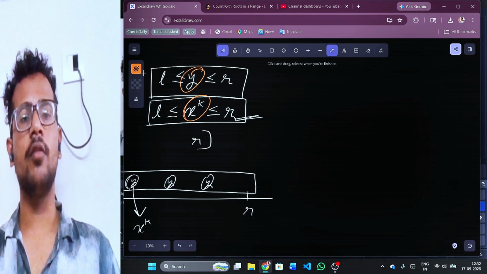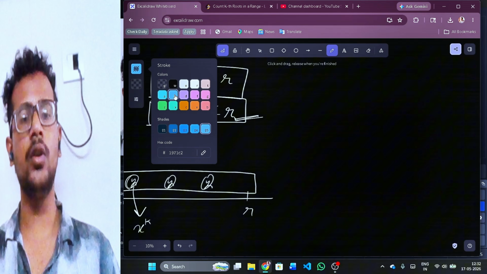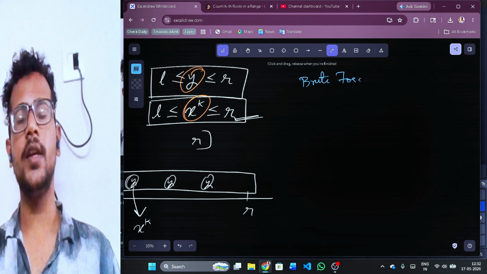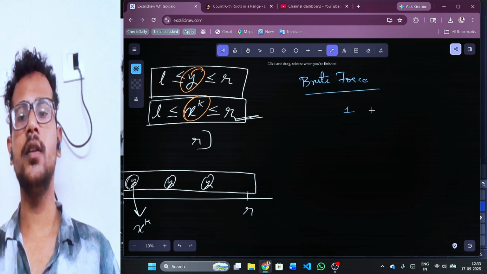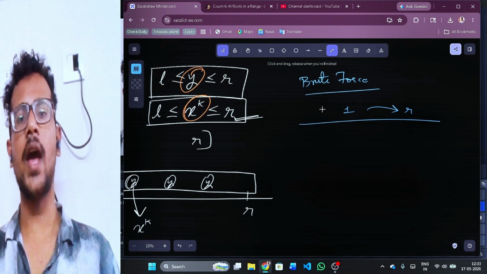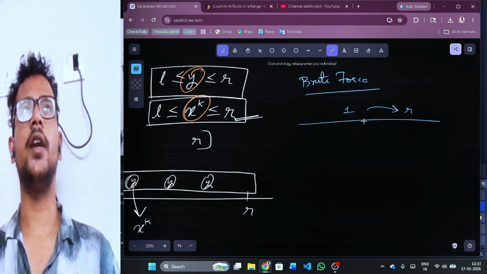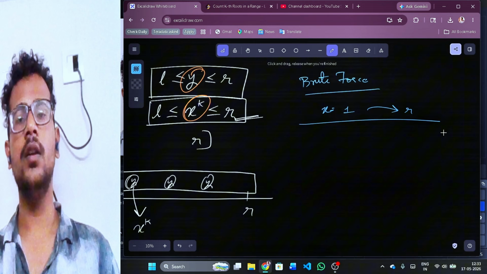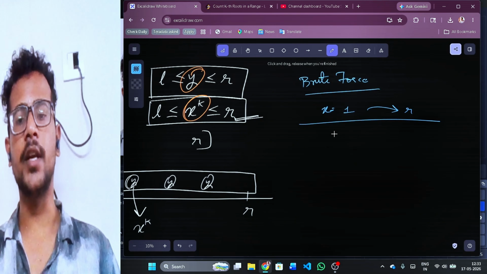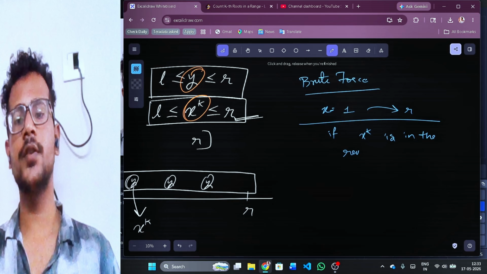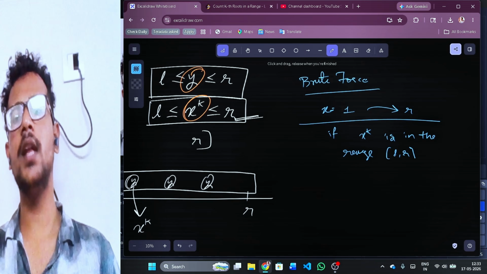What if I say X power K will be going till R? Then the first brute force you think of is to go from 1 to R, taking it as X. X will go from 1 till R, and I will check if X power K is in the range L comma R, then I'll increment the count.